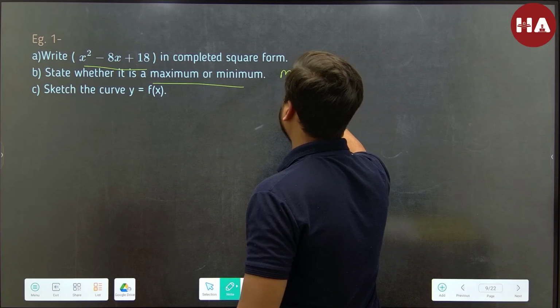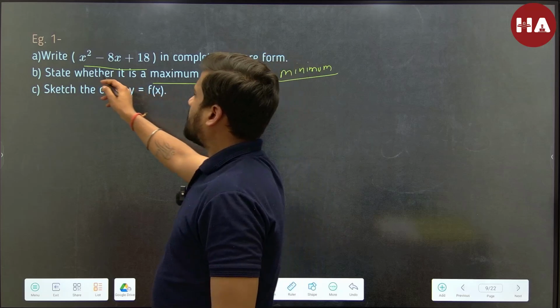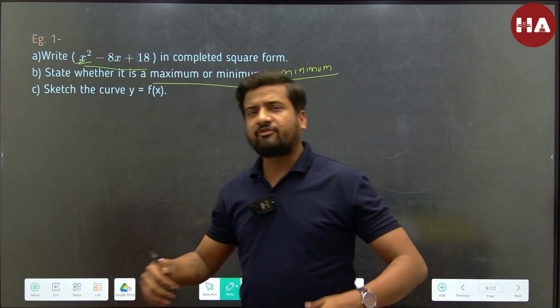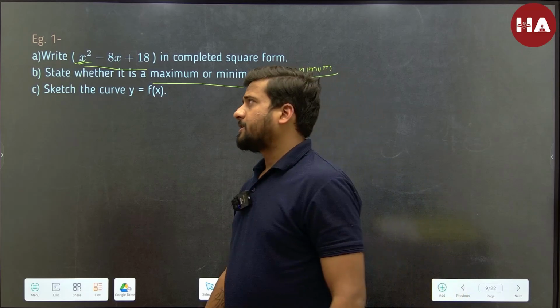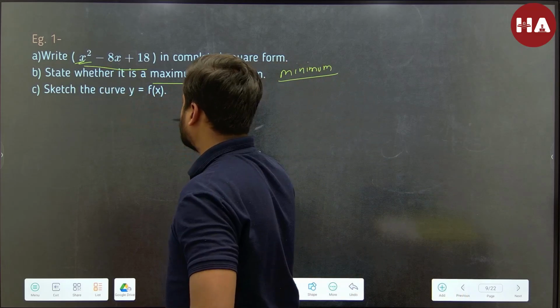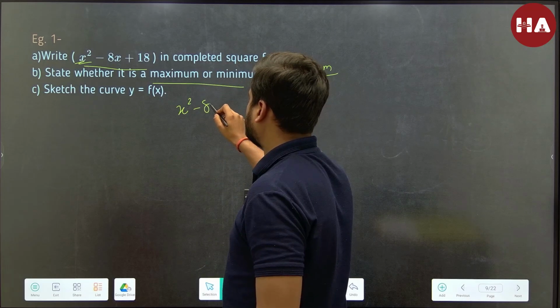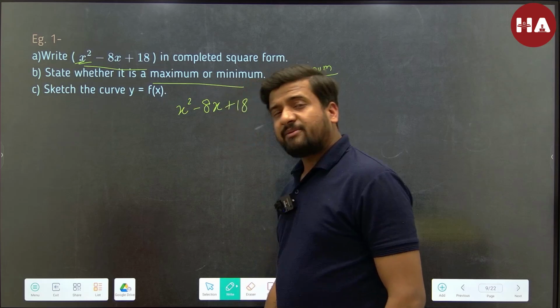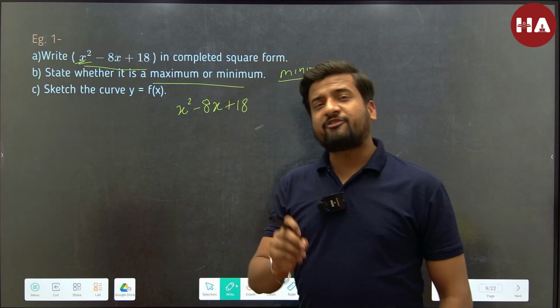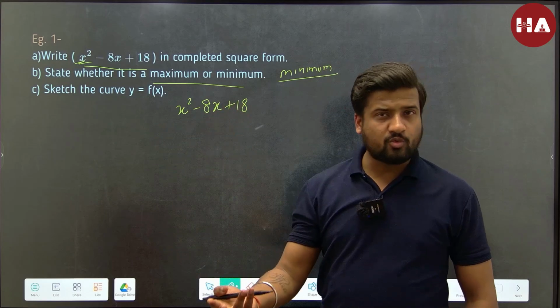It's very obvious that it is going to be a minimum. Why? Because the coefficient of x square is 1, which is greater than 0. Now let's come to the main point, that is x square minus 8x plus 18. My first step was to make the coefficient of x square 1. It's already 1, so I need not worry about it.